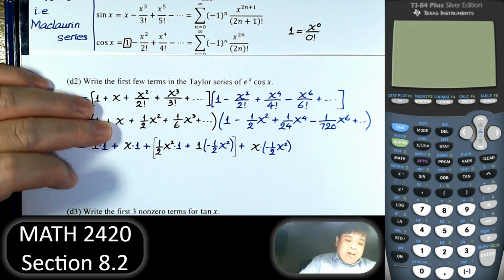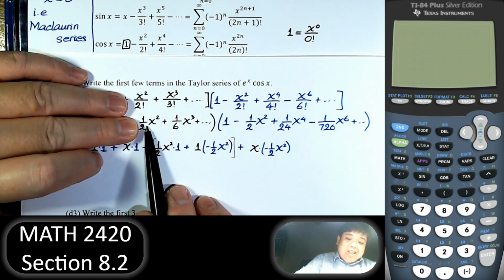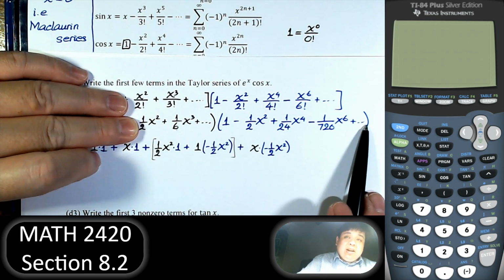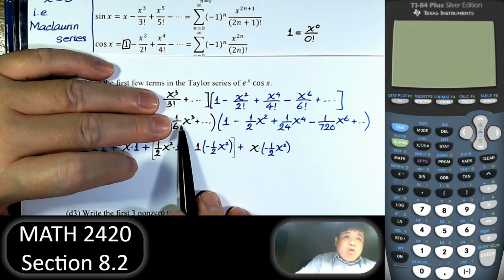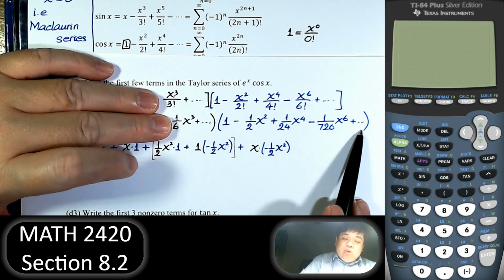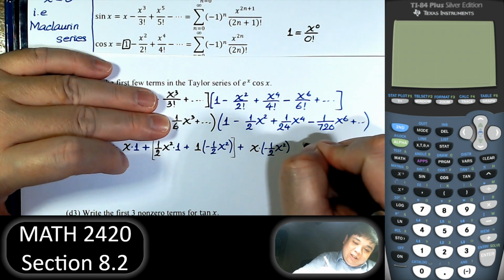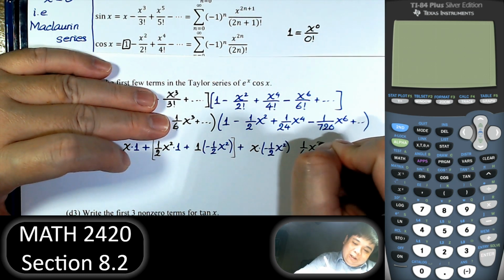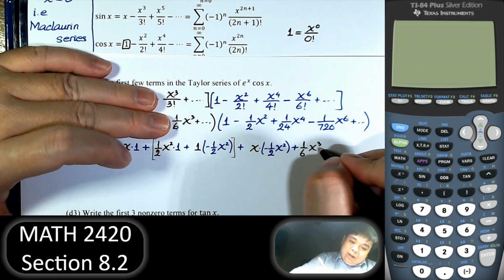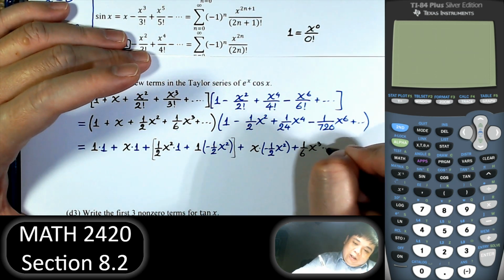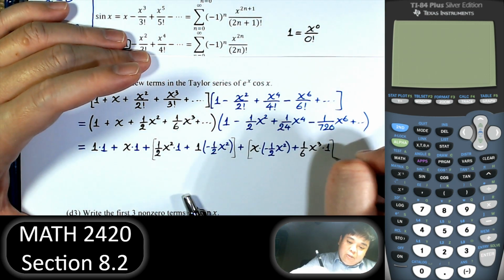Right, that's done. Now if we go to this one, can we multiply it with something to get x cubed? No. So go to the next one. This one, can we multiply with anything of this to get x cubed? The answer is yes. That would be 1 multiplied by 1. These two terms give us an x cubed.